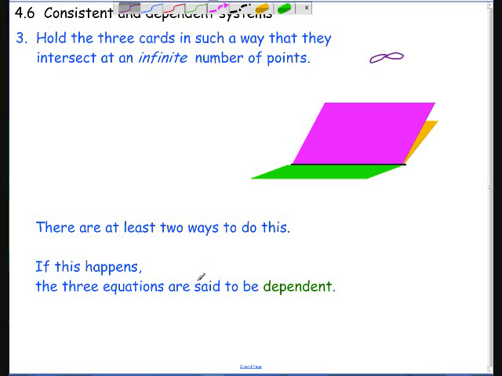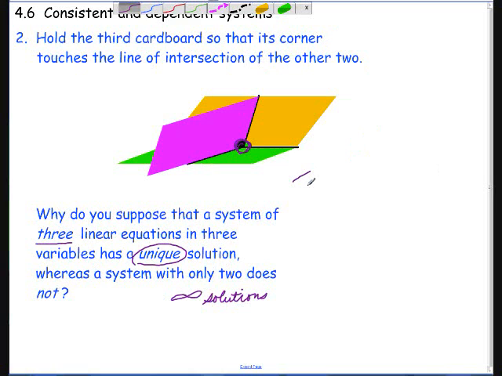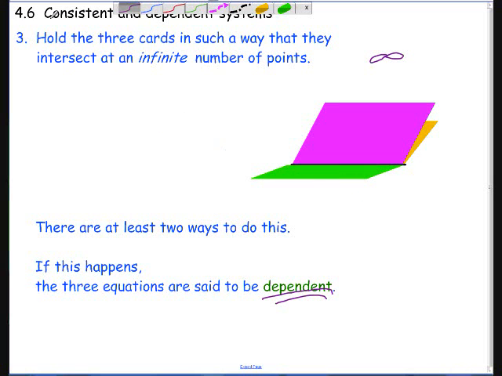And if it happens, the three equations are said to be dependent, having many solutions. This one was not dependent. It only had one solution. But if it has many, it's dependent.